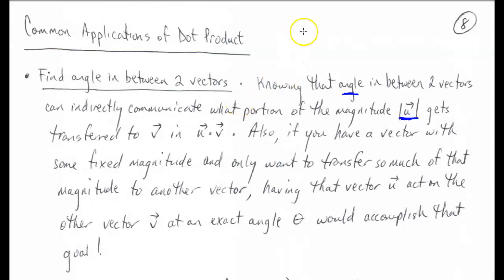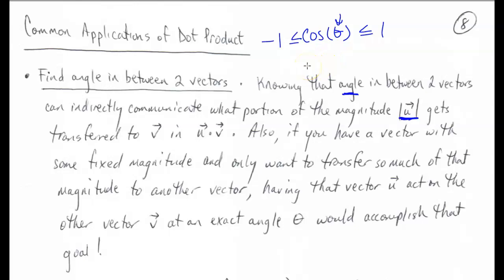So we know because of cosine theta, that's normally going to be values in between -1 and 1. And because of that, if we know what the angle is, if we do the cosine of that, that's going to give us a certain percentage.